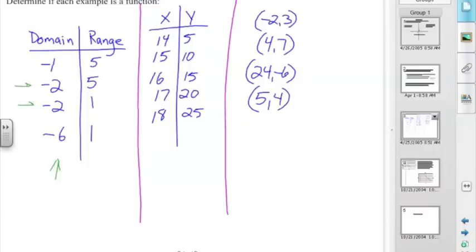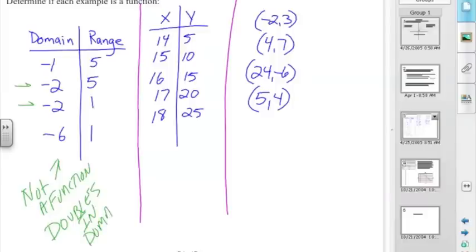This is not a function, because there are doubles in the domain. All right, so the first one is not a function because there are doubles in the domain. There are a pair of -2's.